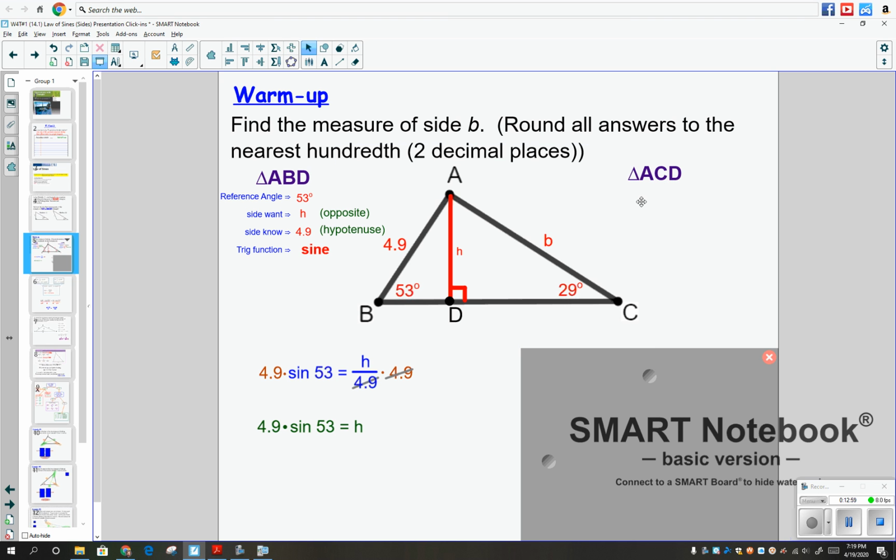So let's look at triangle ACD, the triangle on the right here. Let's ask ourselves those important questions again. What's the reference angle? Now it's 29 degrees. Which side do I want to know the measure of? I want to know B, which is the hypotenuse.